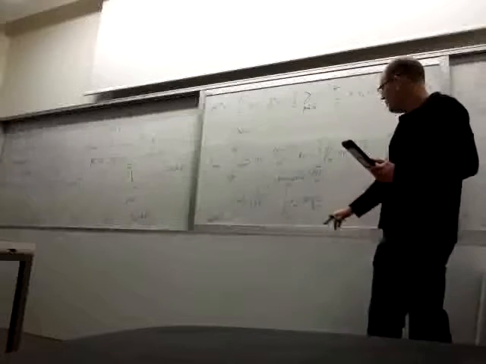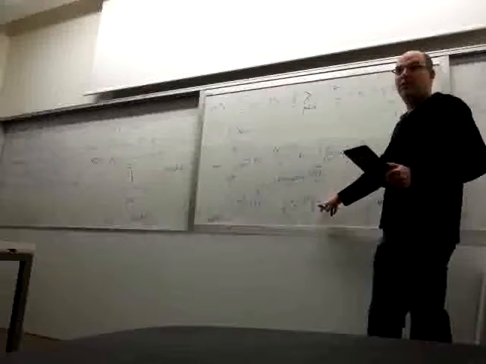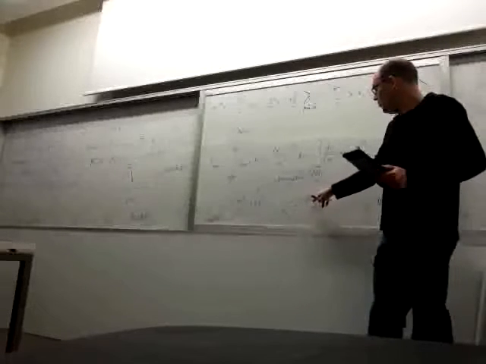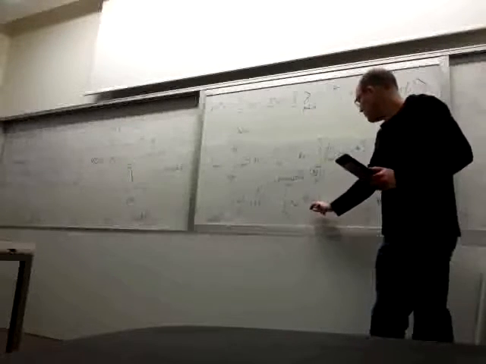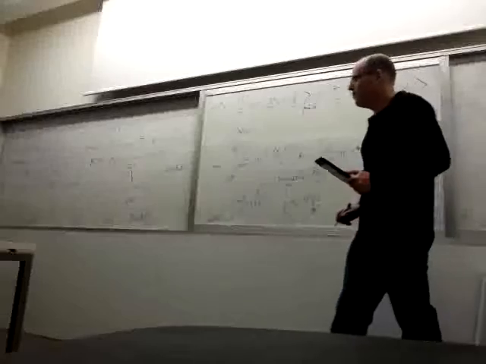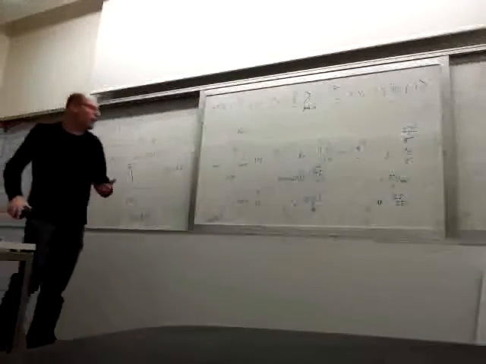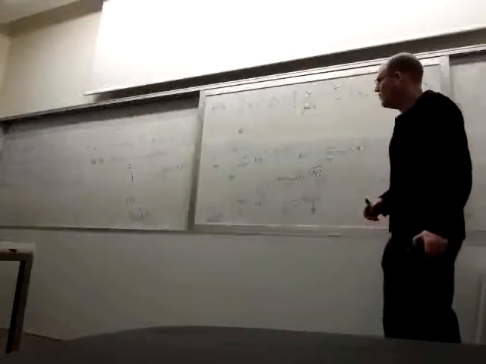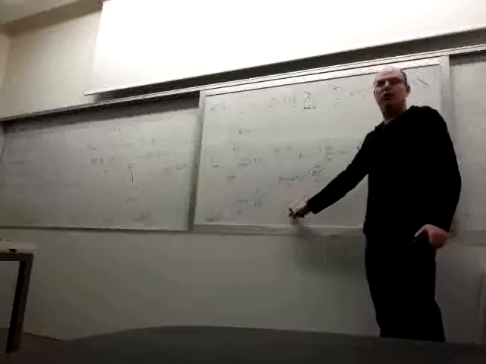Okay, but now I can plug in what I know is mu2, what is mu1, and what is sigma. So first of all, in order to have a small probability of error, we want d prime to be large, right?